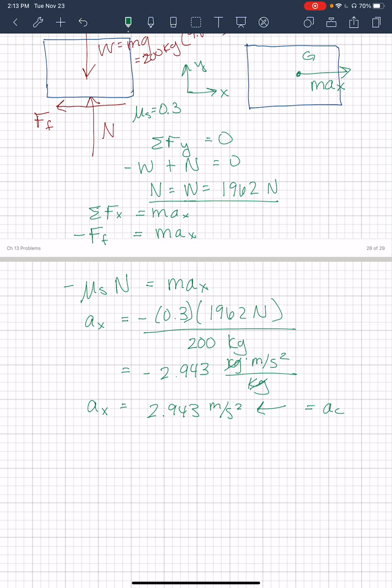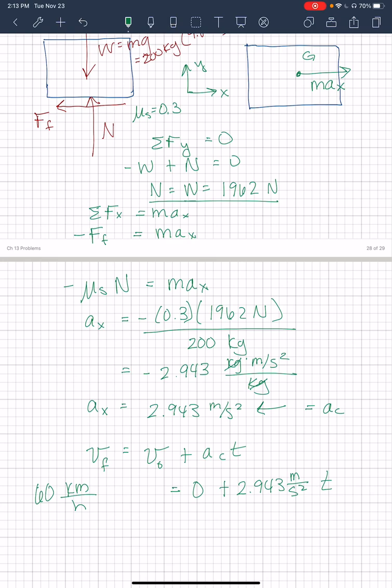And we can go ahead and pull up some of those equations that we know. When we have constant acceleration, the final velocity equals the initial velocity plus the constant acceleration times time. The final velocity is going to be that 60 kilometers per hour, and it started at rest, plus that 2.943 meters per second squared times time.